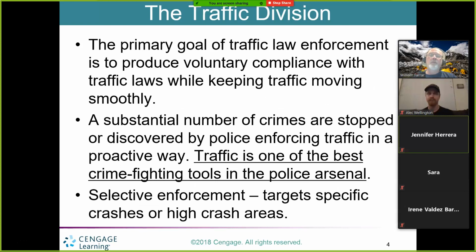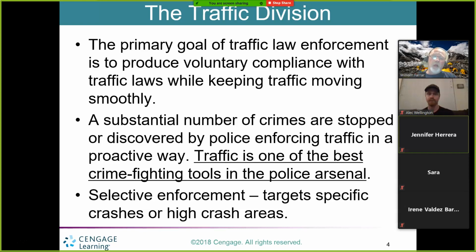We've already talked about the primary goal of traffic enforcement. It's also, I'll say it again, one of the best crime fighting tools out there, because you'll run into a lot of people involved in criminal activity who are out there driving.